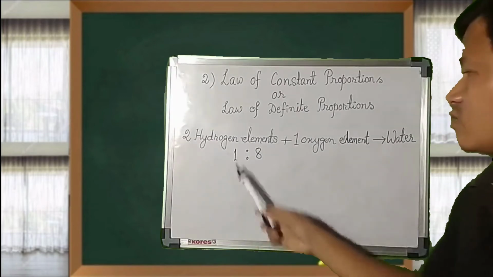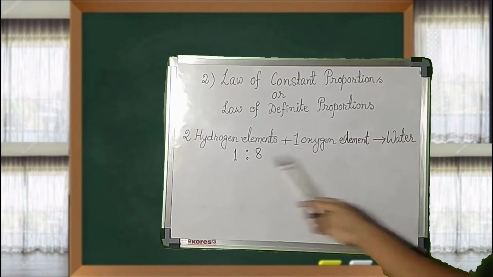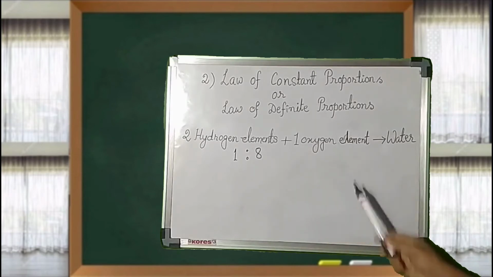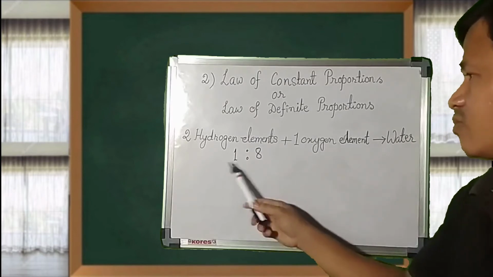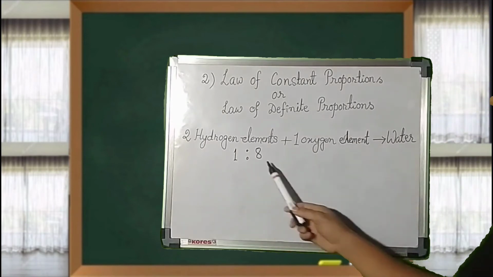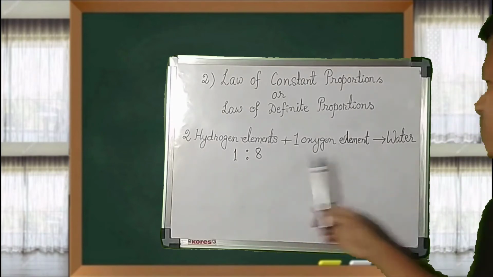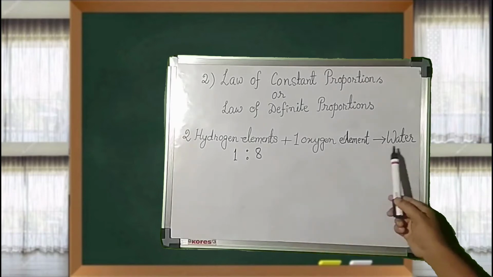This means that 1 gram of hydrogen can fully combine with 8 grams of oxygen to form 9 grams of water. So here the proportion of hydrogen is 1 and the proportion of oxygen is 8. Therefore 1 plus 8, 9 grams of water will be formed.